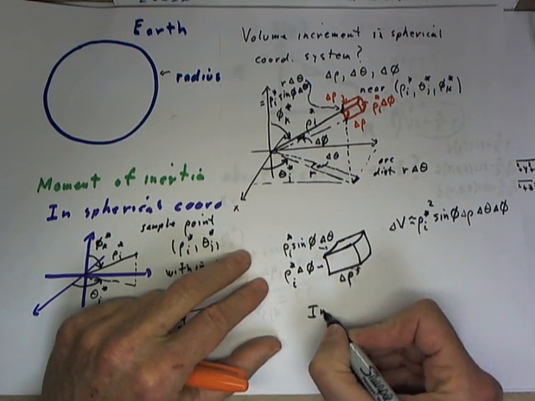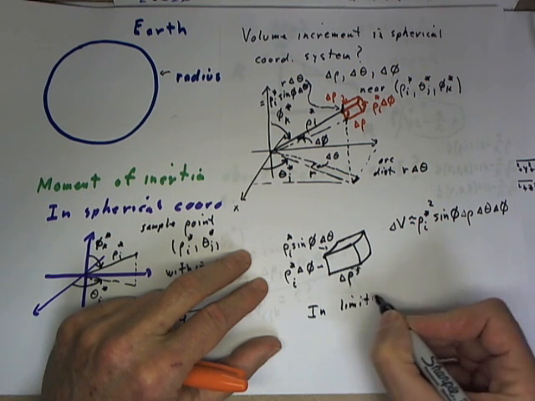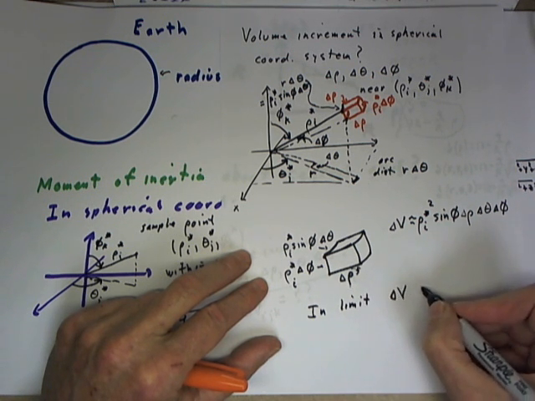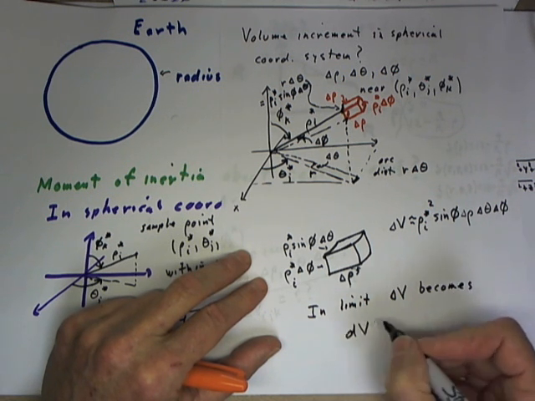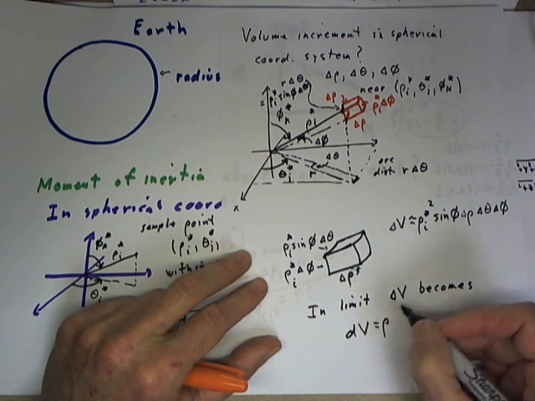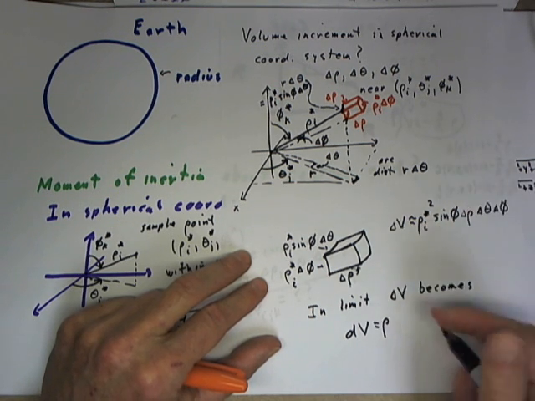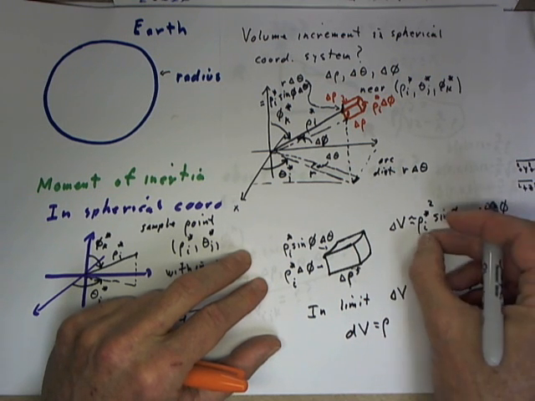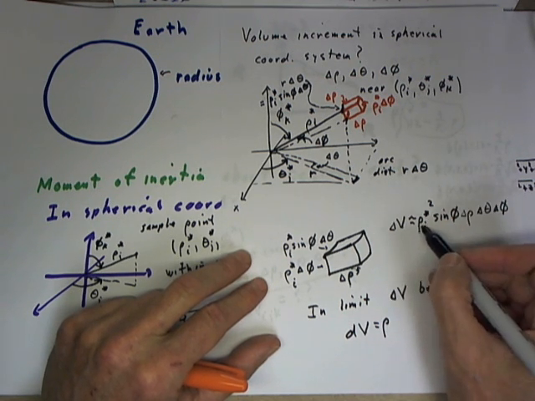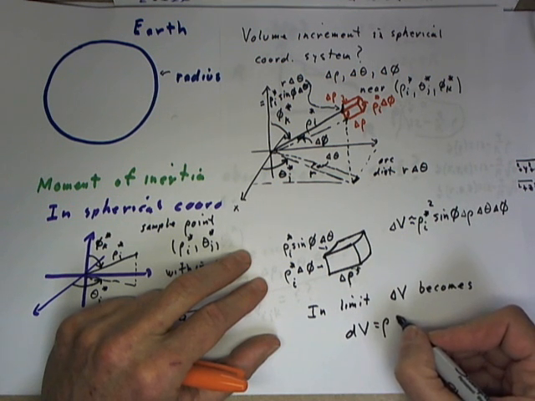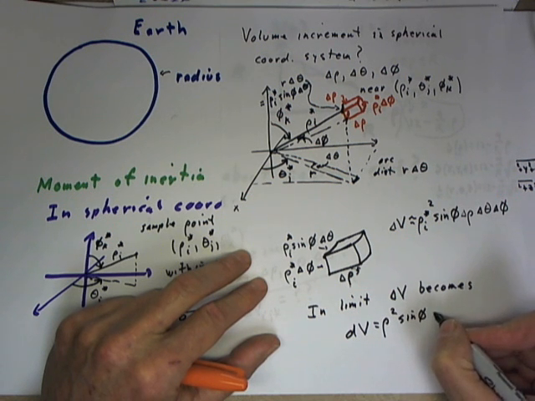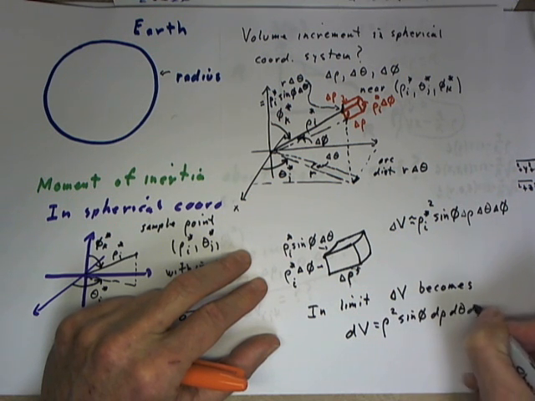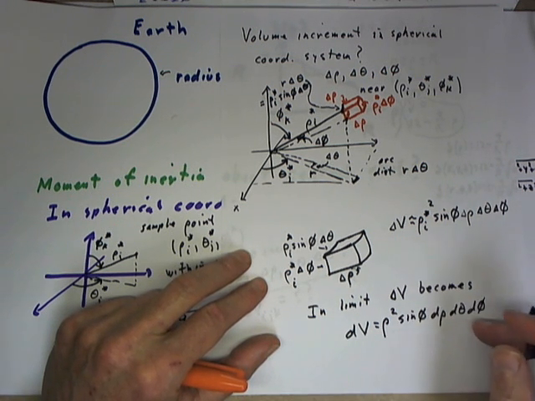In the limit, delta V becomes our volume increment dV, and everything shrinks down. We lose our subscripts because the sample point is squeezed down to a single point. And our volume increment is just going to be rho squared sine phi d rho d theta d phi.